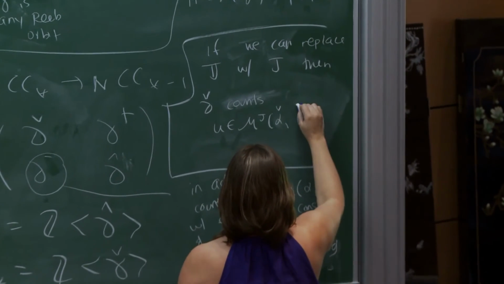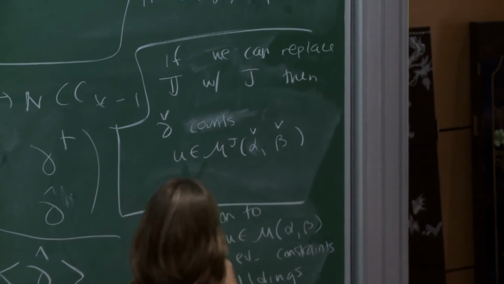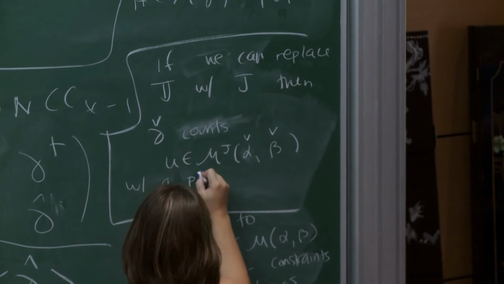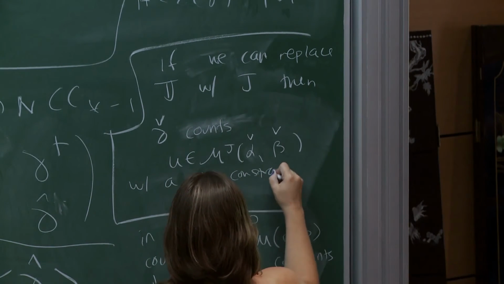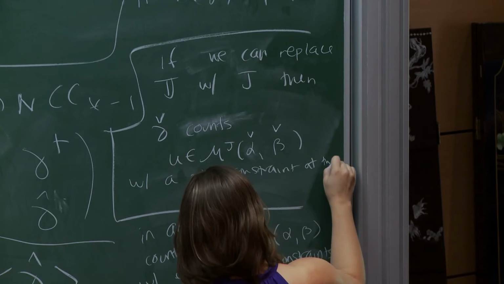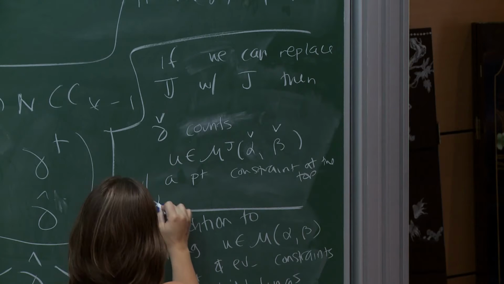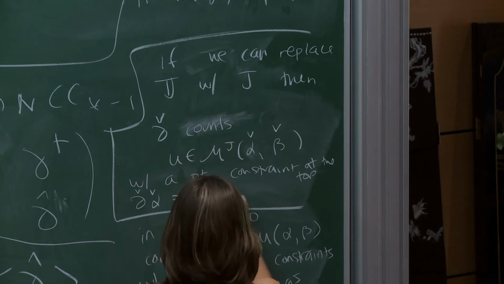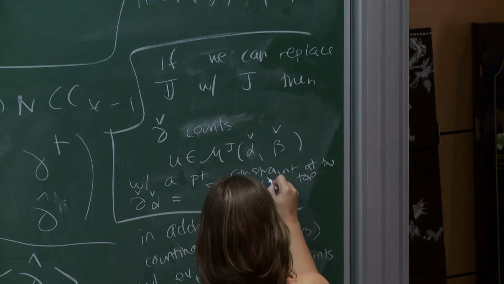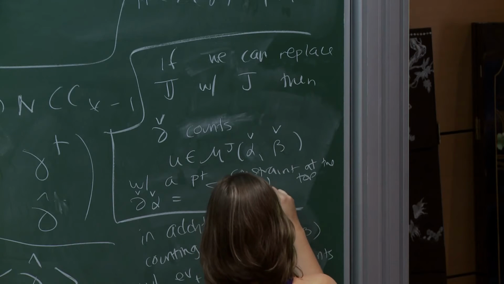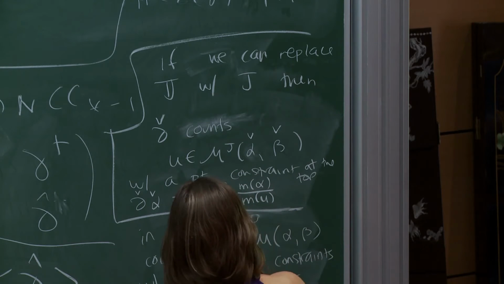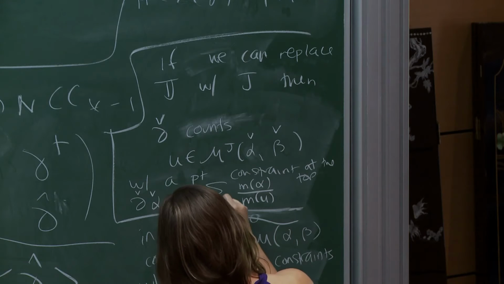You still are going to have your checks and hats with a point constraint at the top. And you'll get that D check of alpha check is going to be the sum over the multiplicity of alpha divided by the multiplicity of your curve U that connects them. And now my font has become microscopic.